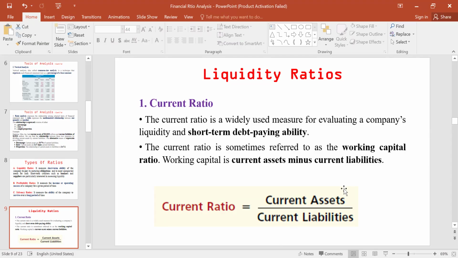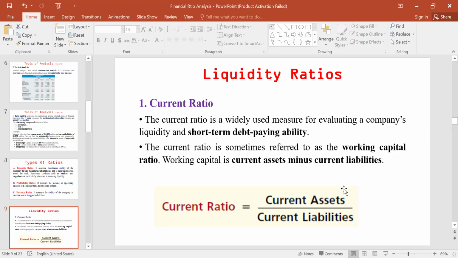If the standard figure of the current ratio is 2:1, that means you have 2 taka available to pay 1 taka of liabilities. This is the current ratio scenario.